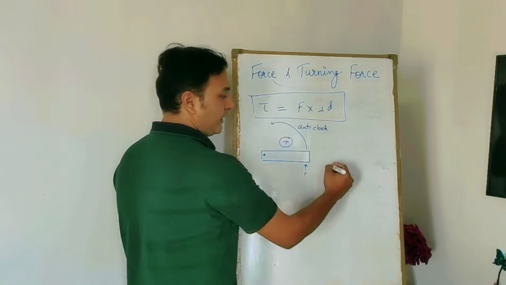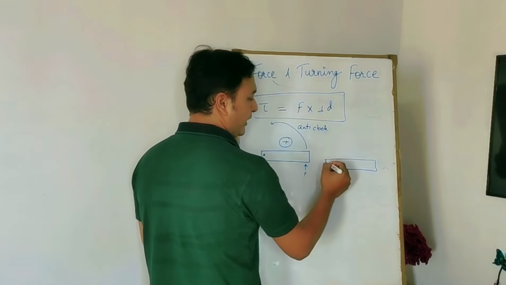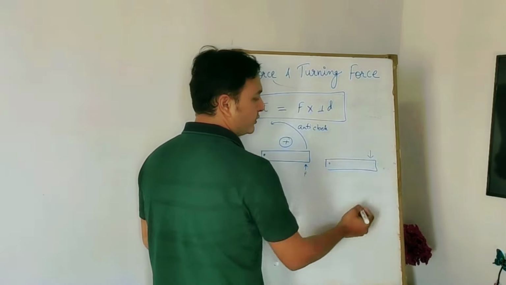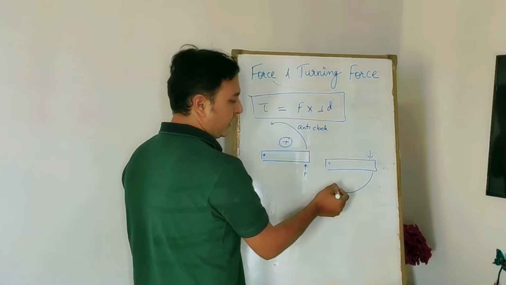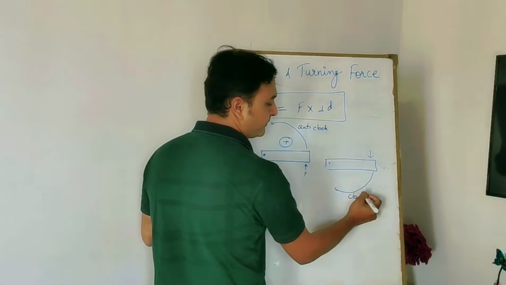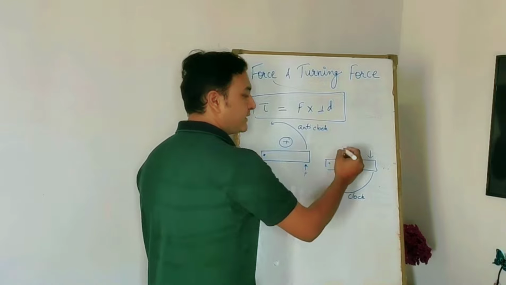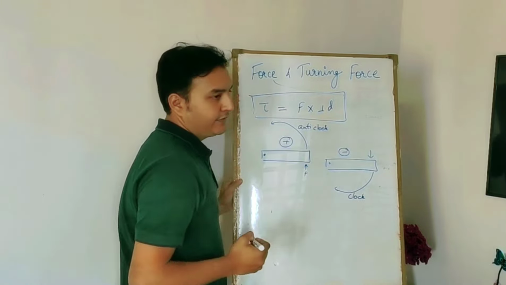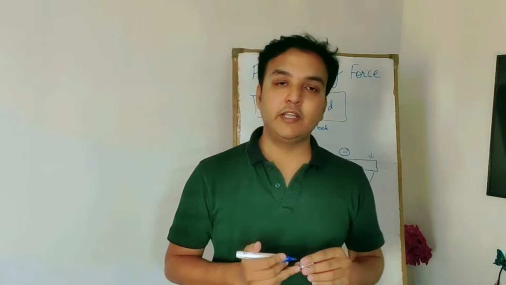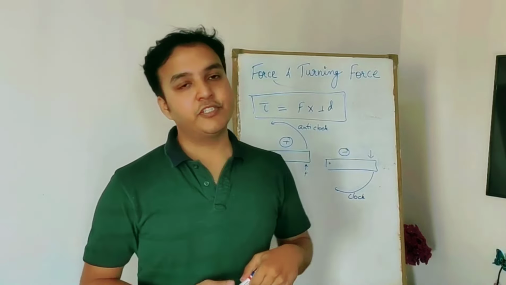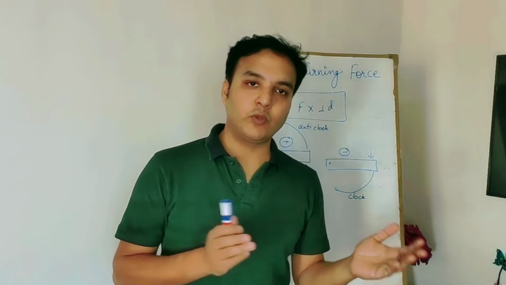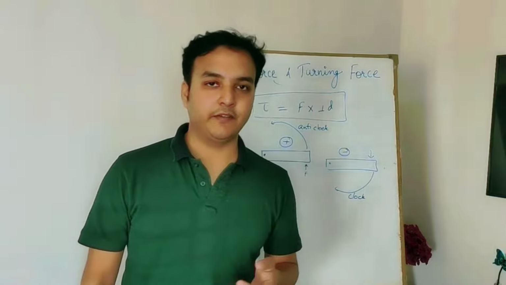And if I apply a force on a body which results in clockwise rotation, then this is considered negative. The anti-clockwise direction is taken as positive, the clockwise rotation is taken as negative.